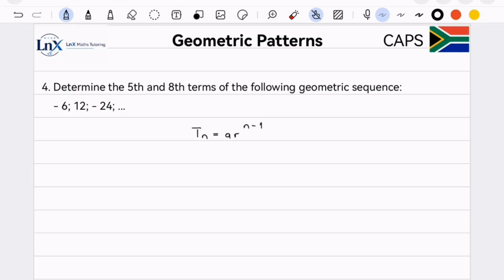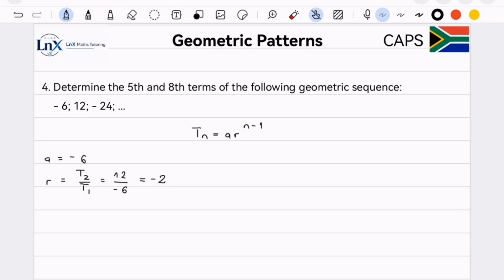We know that our A is our first term. In this case, it will be negative 6. Then R is our common ratio, which can be calculated as the second term divided by the first term. So that will give us 12 divided by negative 6, so we'll have negative 2.